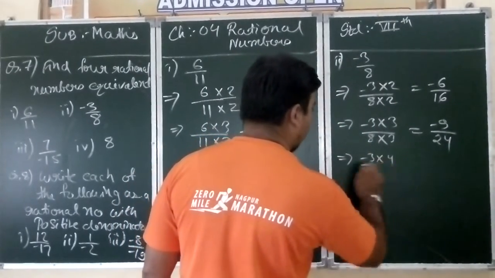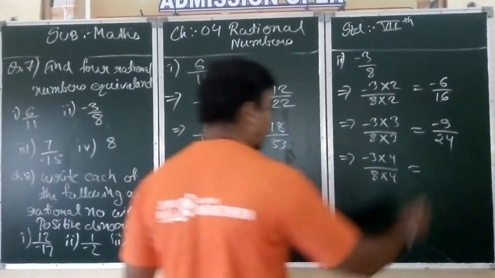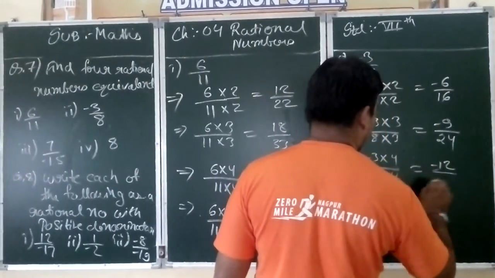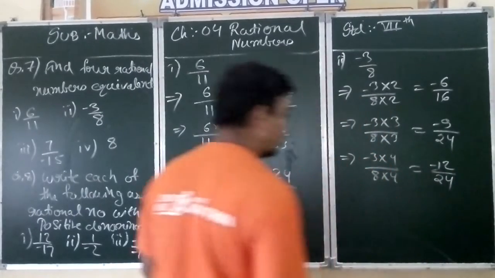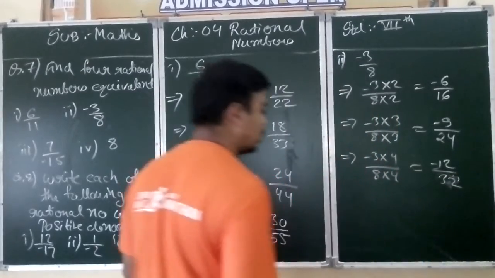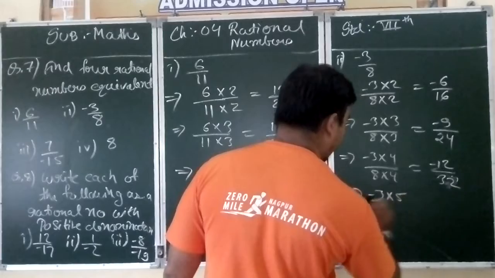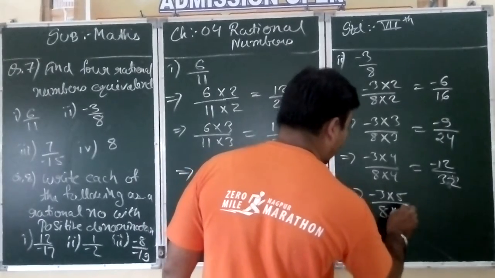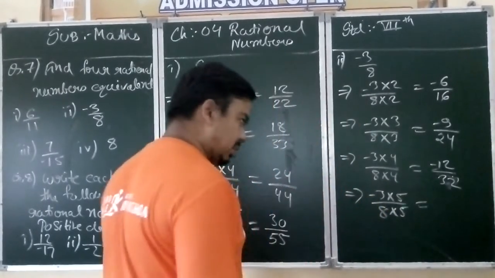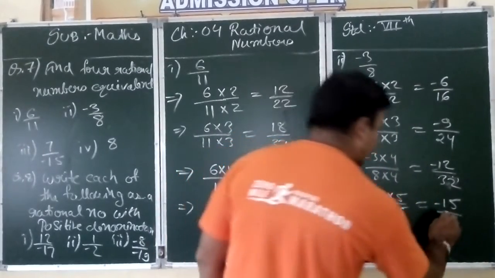Minus 3 into 4 is minus 12, 8 into 4 is 32. Then minus 3 into 5 is minus 15, and 8 into 5 is 40.